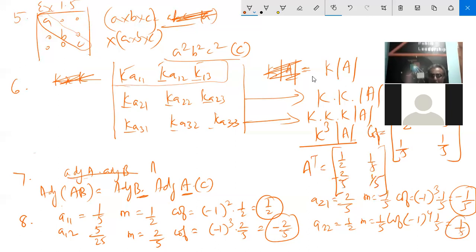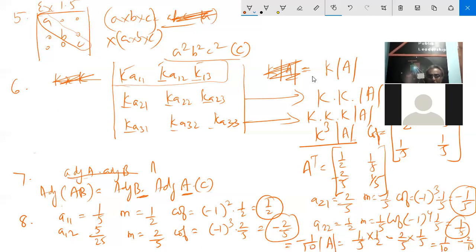Now determinant, you have to find determinant. I forgot to find that. Every time we forget that. Determinant will be equal to 1 by 5 into half minus 2 by 5 into 1 by 5. That is equal to 1 by 10 minus 2 by 10, that is equal to minus 1 by 10. So it's not equal to 0, so inverse exists.